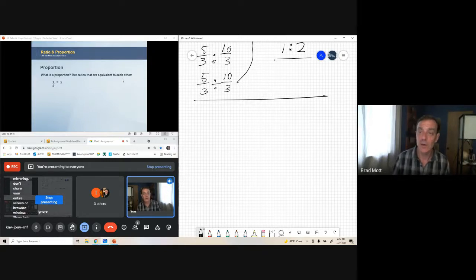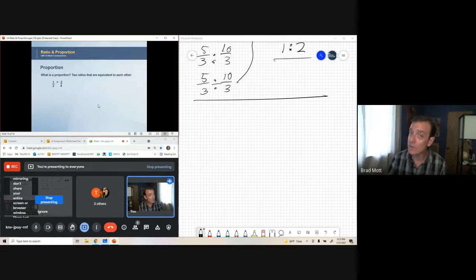And you designate that they are equivalent by our old friend, the equal sign. That's all that means. That 1/2 is equal to something with a numerator of 2 and a denominator of 4. So those have the same proportional relation to one another.